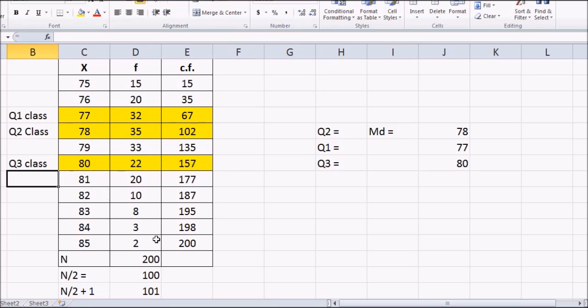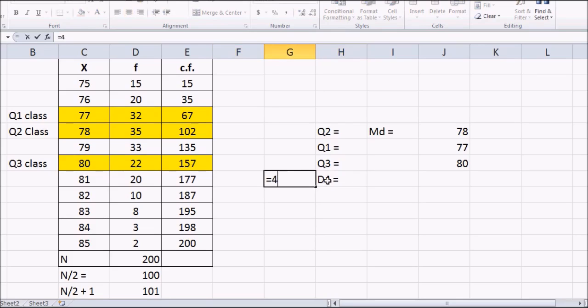In the same way, if I have to find, let's say, D4, what do we do? For D4, we need to find 4n by 10.